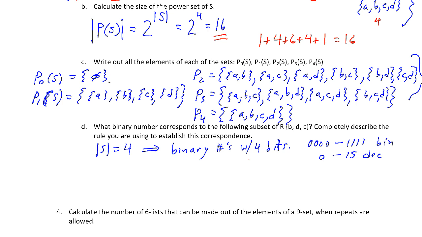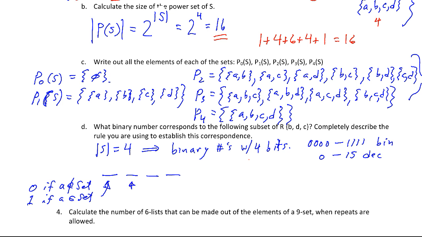Basically what we do is we make a 4-digit binary number, and we put a 0 if A is not in the subset, and we put a 1 if A is in the subset.